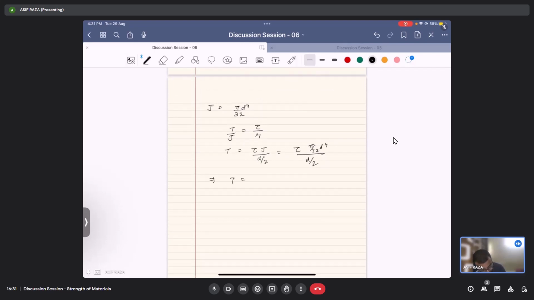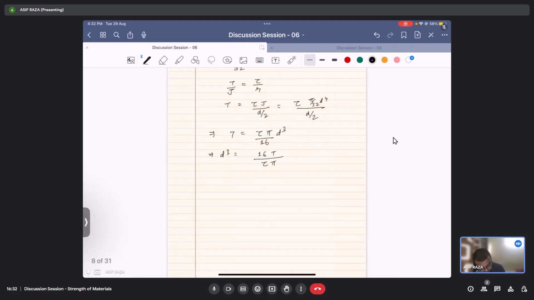Again simplify it, tau pi D cube by 16. So this will be equal to, D cube is 16 T by tau pi.